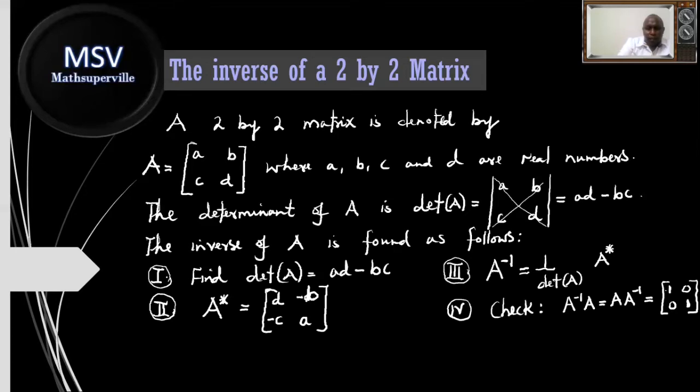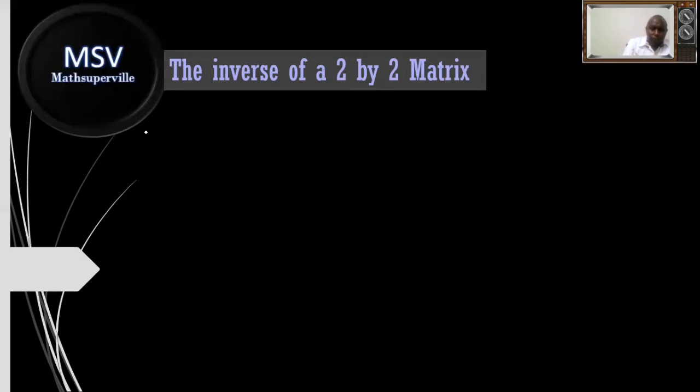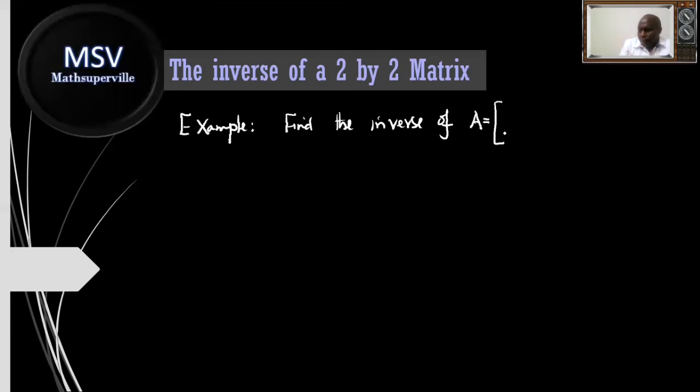So let's look at an example. Find the inverse of matrix A, which consists of the elements 1, 2, 3, and 4.